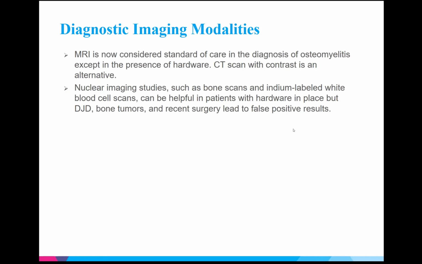As far as diagnostic modality, MRI is now considered the standard of care. Hopefully, wherever you will practice in the future, you can get an MRI. A CT scan with contrast is a good alternative, but again, it depends on how long the infection has been there.